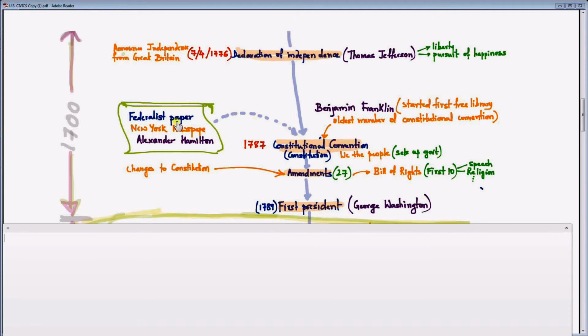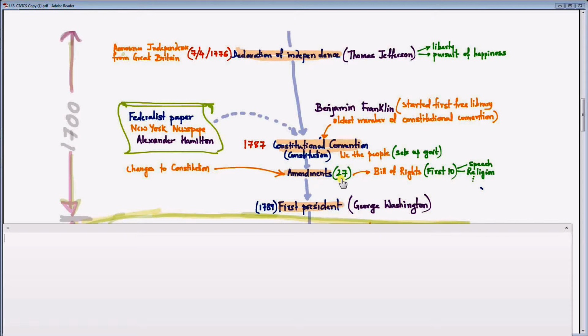The Federalist Papers wrote a passage on our Constitution, and one of the writers was Alexander Hamilton. The way the Constitution was defined was we allow change to the Constitution. We realize that certain things need to change over time, and these changes to the Constitution are called amendments.